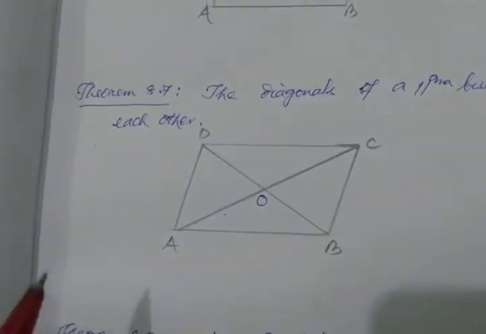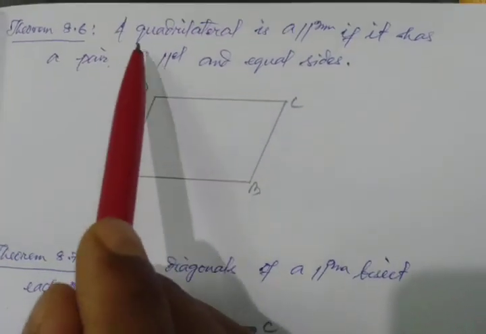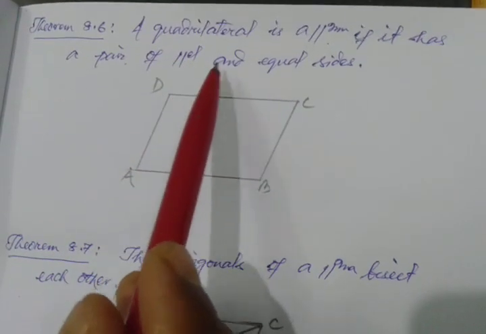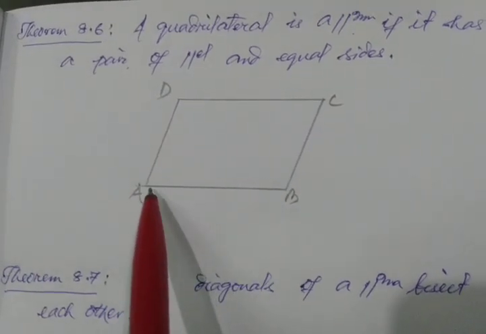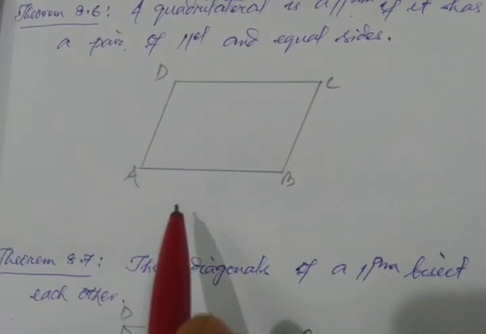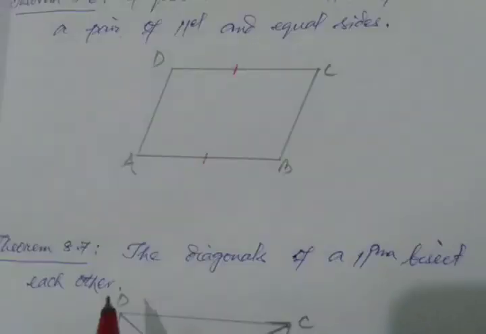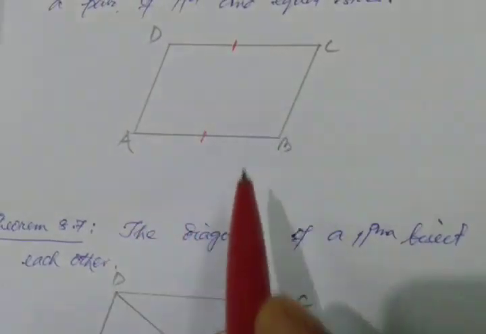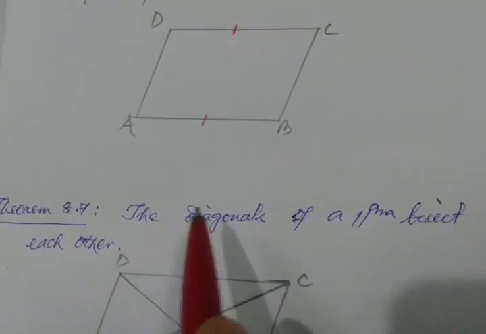Moving on to theorem 8.6, it says a quadrilateral is a parallelogram if it has a pair of parallel and equal sides. Now in any quadrilateral, here ABCD, if AB is equal to CD, opposite sides, and if AB is parallel to CD, then ABCD is not only a quadrilateral but a parallelogram.